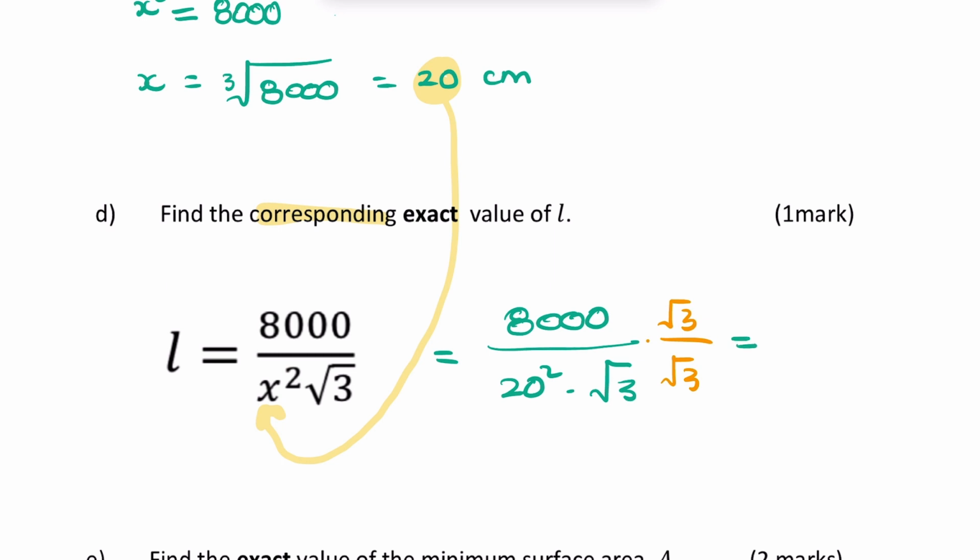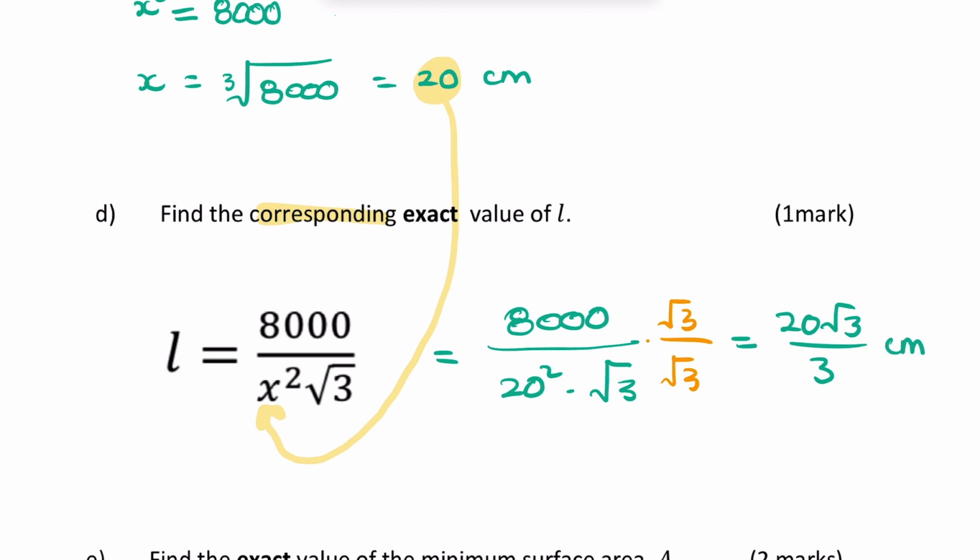And 20 squared is 400. And 8,000 divided by 400 is 20. So I think that just gives you 20 root 3 over 3 centimeters.